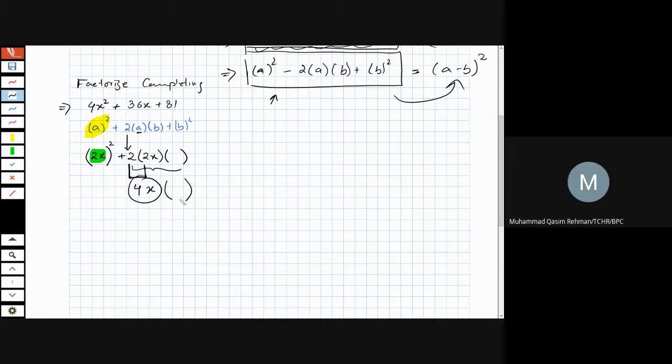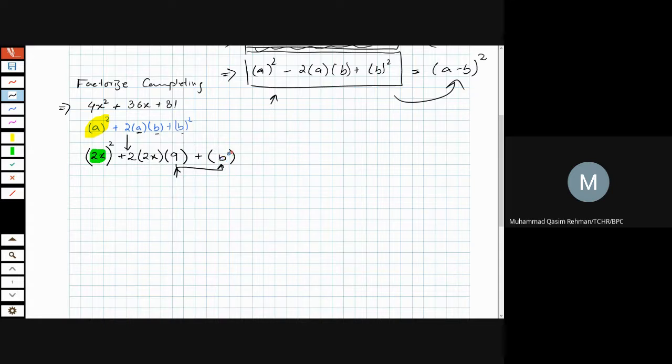Now, what should be multiplied with 4x in order to get 36x? 9. Excellent. So basically, b is going to be 9, plus I have b squared, which is 9 squared in this case. Whatever number I write here, I'm going to write it down here because they both have b.